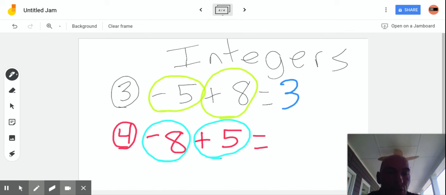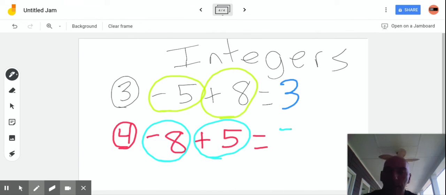Different signs subtract, keep the sign of the higher value. Basically means just look at the number without the sign. Which one's higher, 8 or 5? Well, 8's higher. So I automatically know that this answer is going to be negative. You're keeping the sign of the higher value.